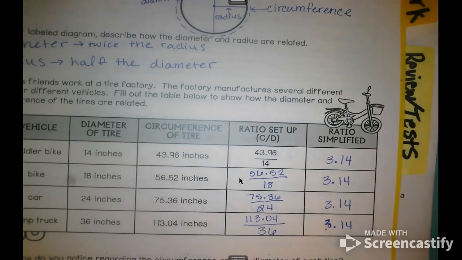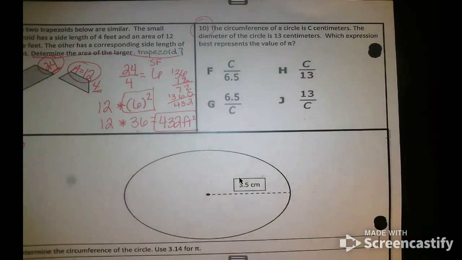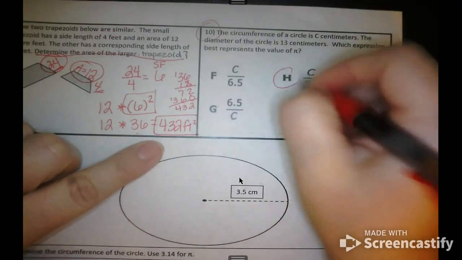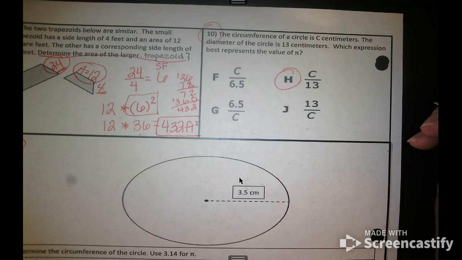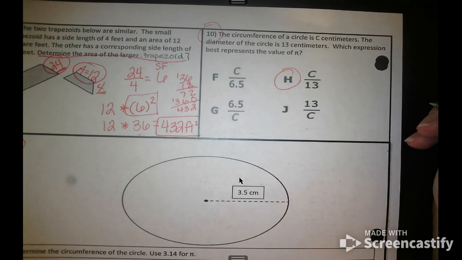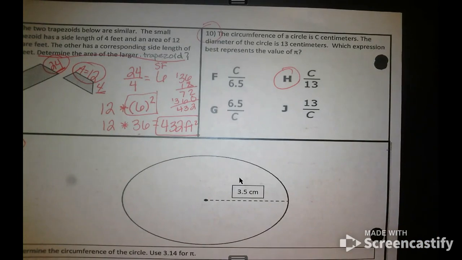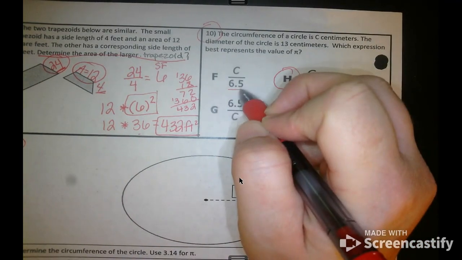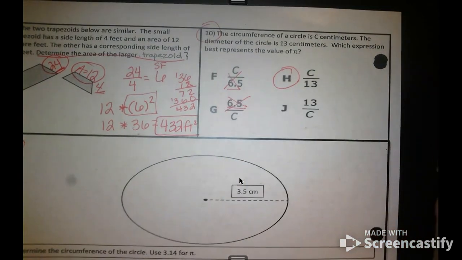Okay, so if we could set up a ratio comparing the circumference and the diameter, which one would do that here? H. Which one could you have eliminated right away? Okay, it asked for the diameter. Is this the diameter? No. Is this the diameter? No. That's the radius.